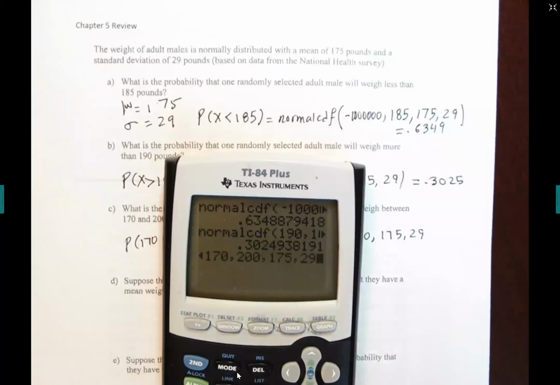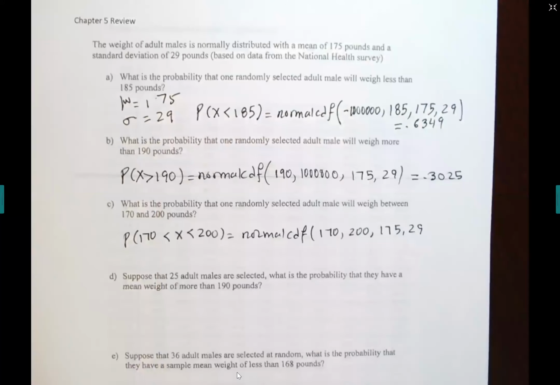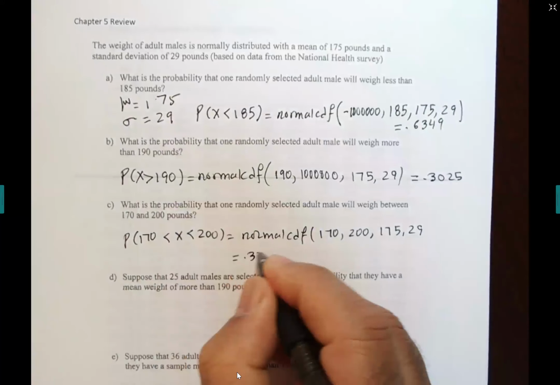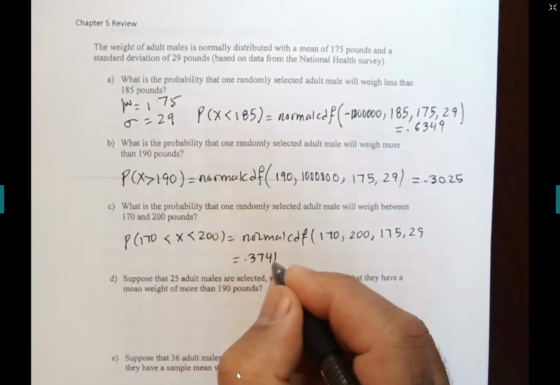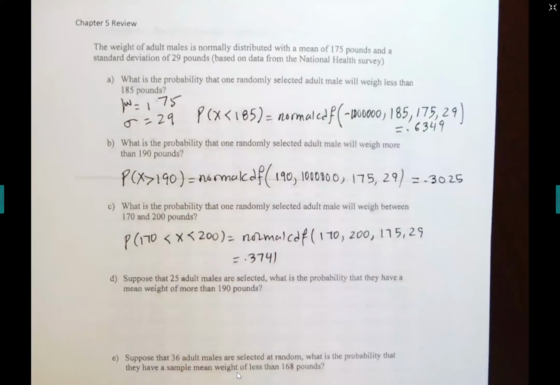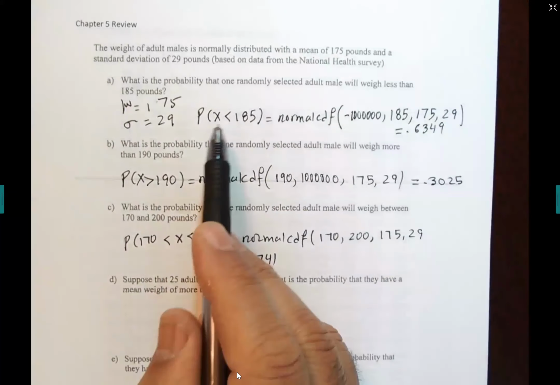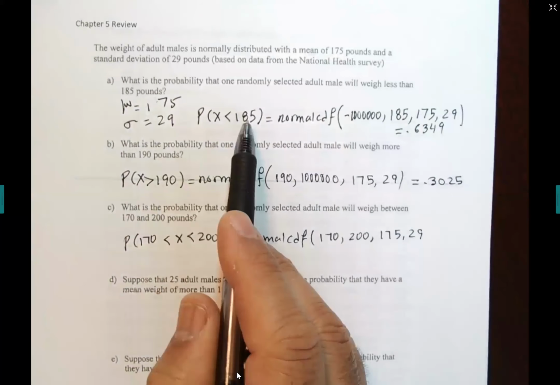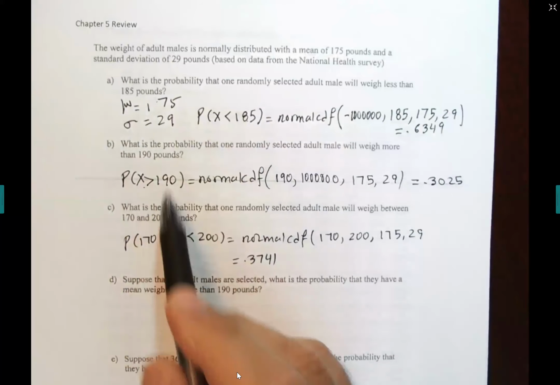You notice the mean and standard deviation don't change. The answer is 0.3741. If you look at the assignment, guys, you're going to notice pretty much the same questions. One question is about X being less than a number, X greater than a number, X between two numbers.